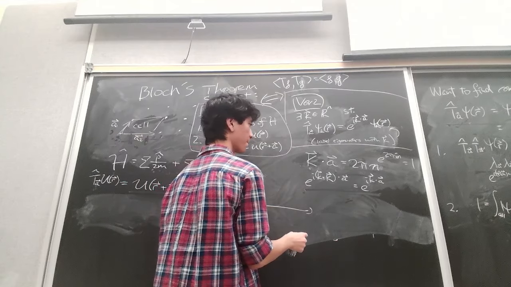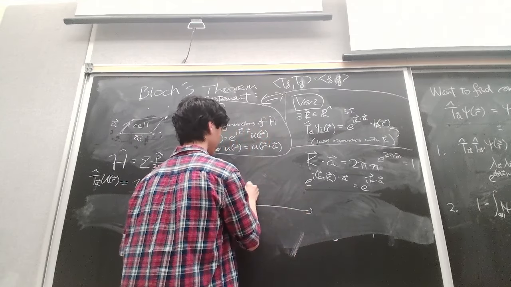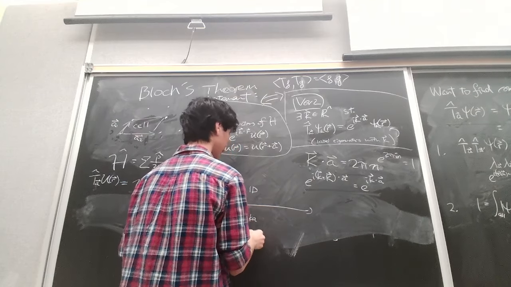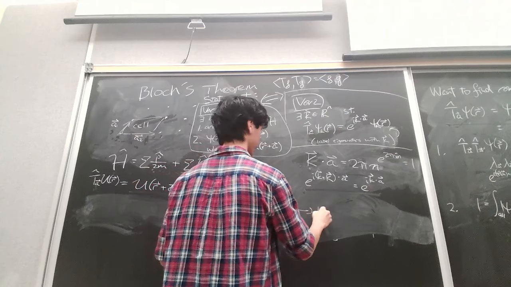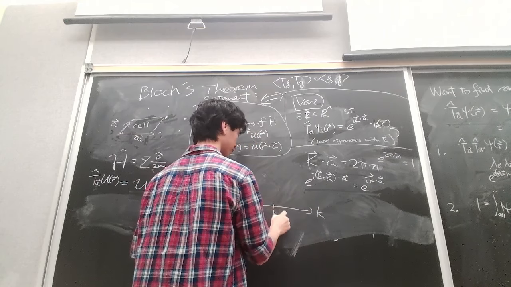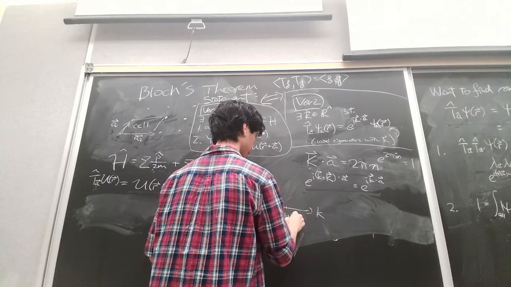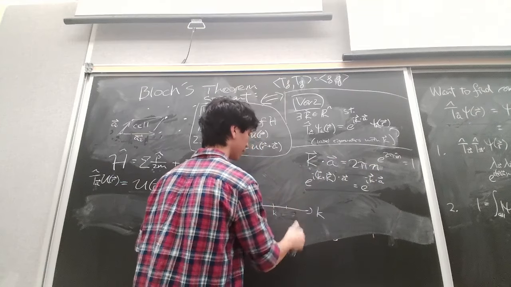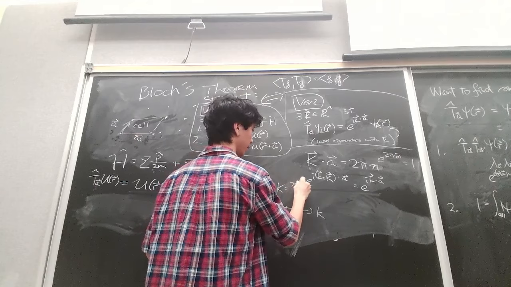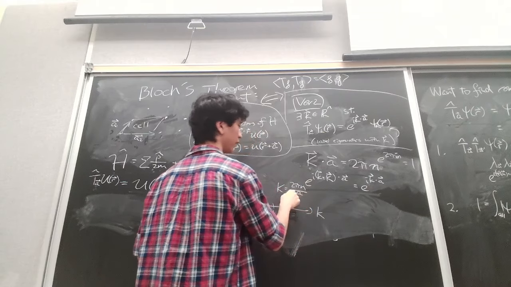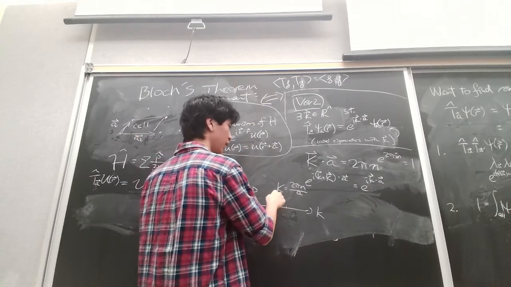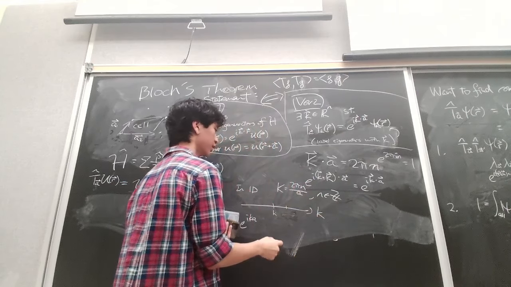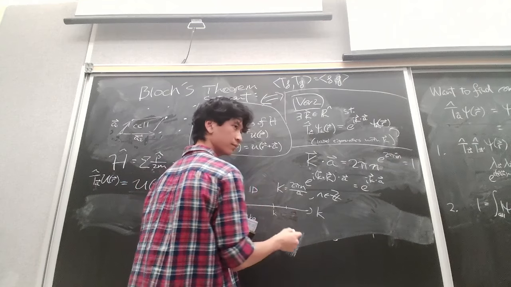In 1D, the eigenvalue is just i k a, and suppose this is k, this is k plus capital K. If it's one-dimensional, we can write that capital K is 2 pi n over a, any numbers in this form, where n is some integer.